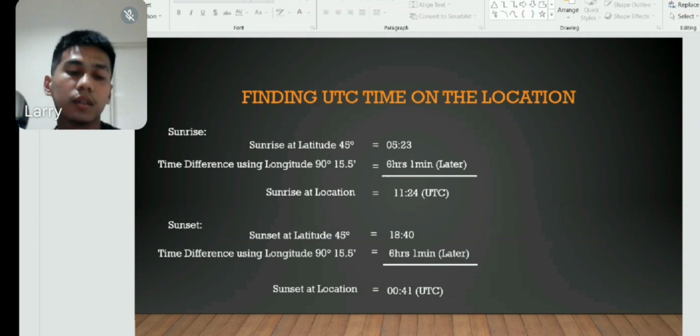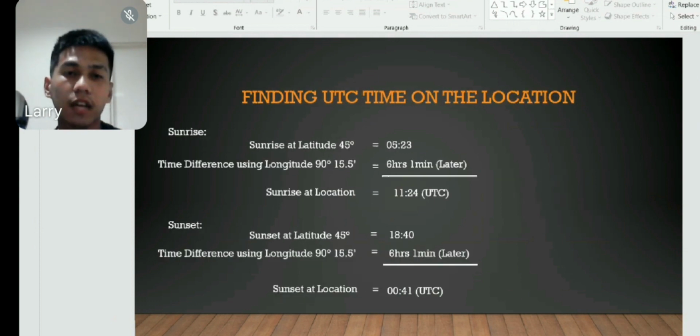For the sunset at latitude 45 degrees, 1640, and the time difference using longitude 90 degrees 15.5 minutes is 6 hours 1 minute later. So add, and that will give us the result of 2241.